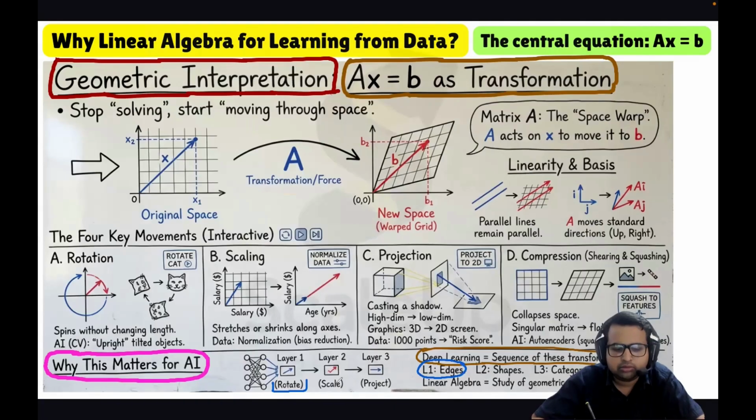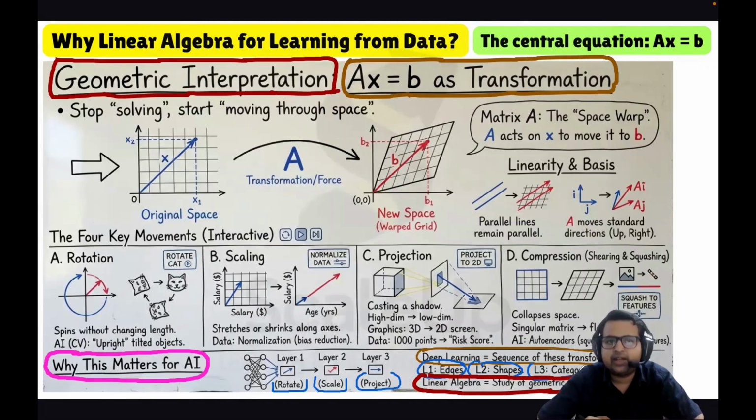In layer 2, it might be scaling the edges to find shapes. And in layer 3, it might be projecting the shapes into a category like a face or a background. Linear algebra is the study of these geometric actions in the AI's brain. So now it's very clear that geometric transformations do have a role in AI.